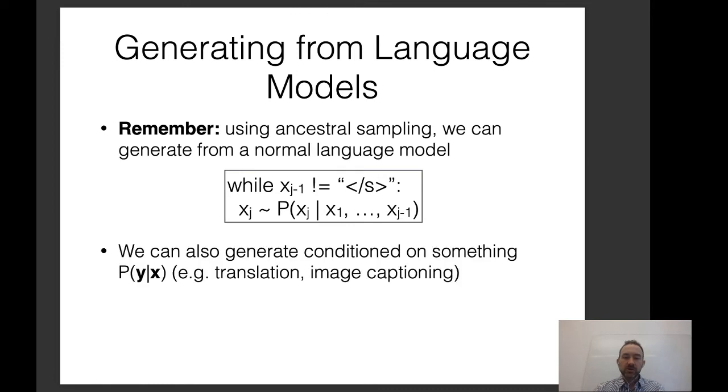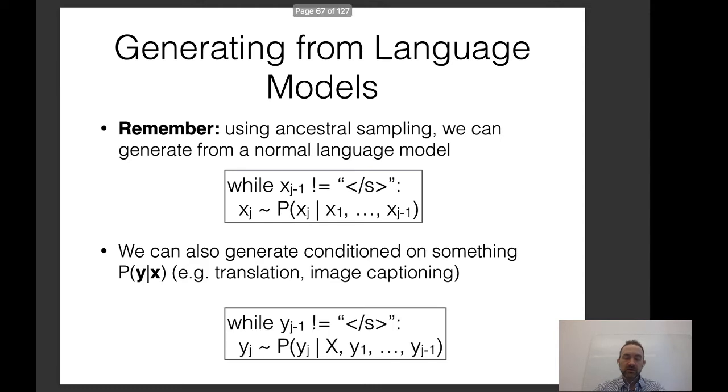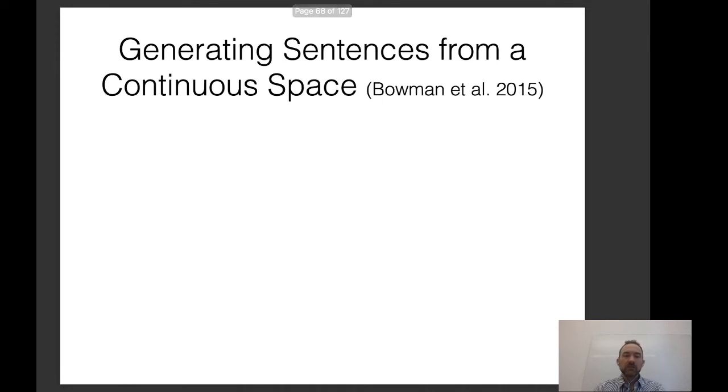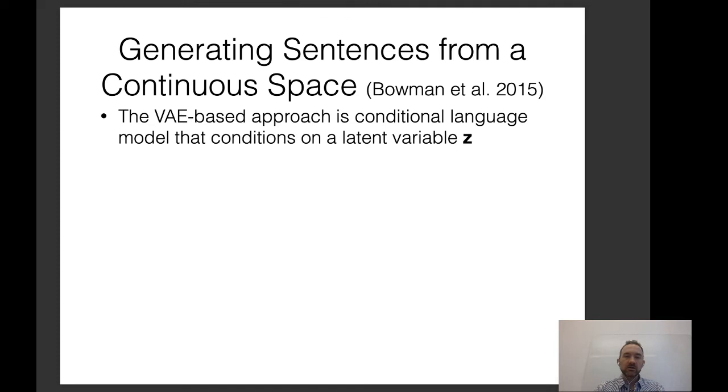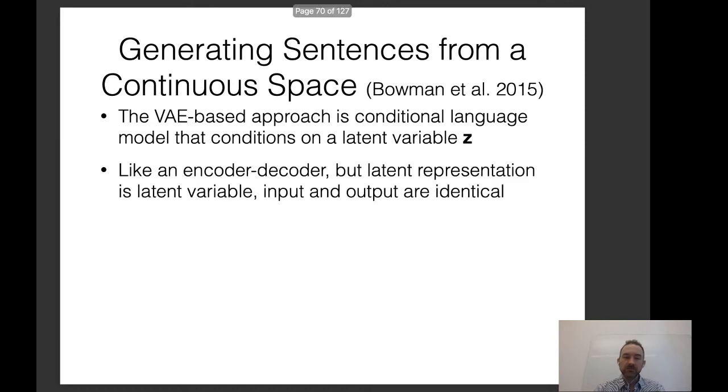We can also generate conditioned on something else, like a conditional language model or sequence model. But what if we wanted to generate with a VAE-based model? So this is generating sentences from a continuous space, a paper by Bowman et al. 2015. And the VAE-based approach is a conditional language model that conditions on a latent variable z.